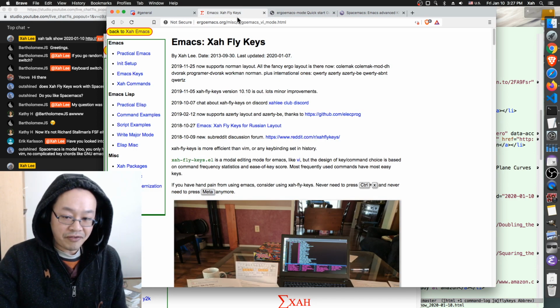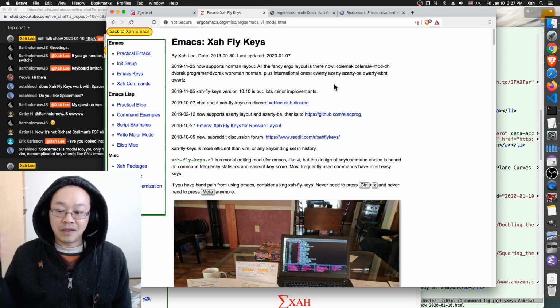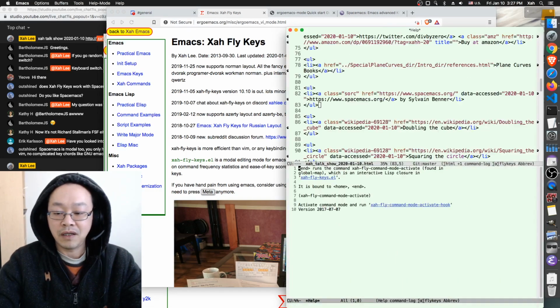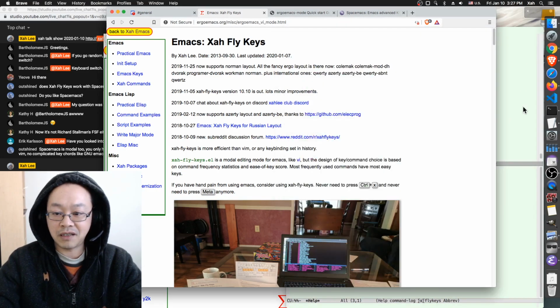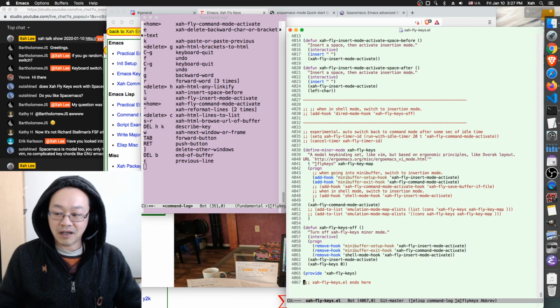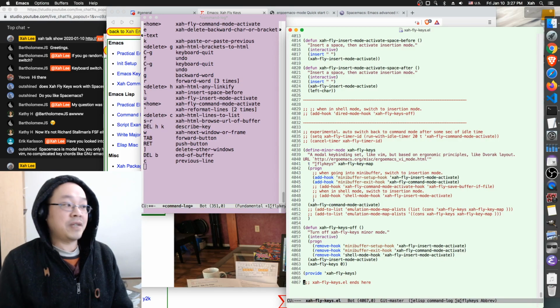So in xah-fly-keys, the code is extremely simple. That's the way I want. Right now it's like 10,000 lines. For example, let's go to xah-fly-keys, and so 4,000 lines. However, the code is extremely simple.